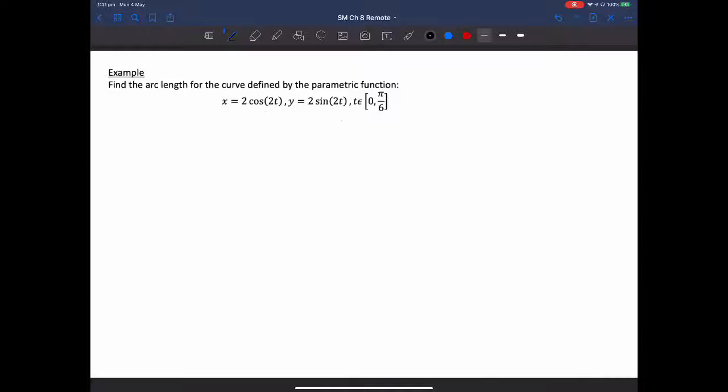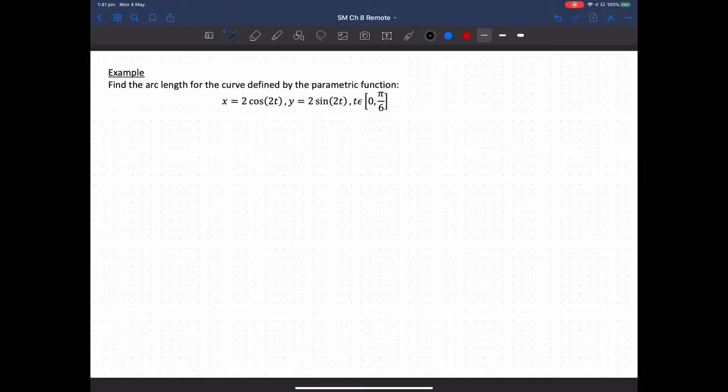We're going to work out the arc length for the curve defined by a parametric equation where x is equal to 2 cos 2t, y is equal to 2 sin 2t, and t is between 0 and pi on 6.